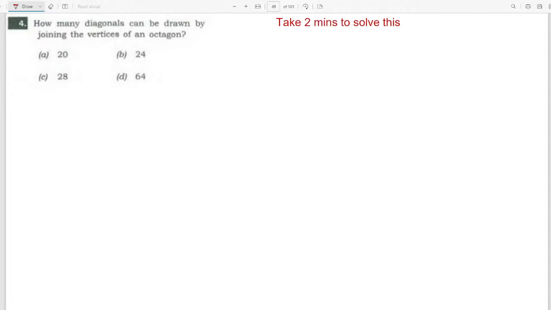We'll see how to go about this question. They're asking how many diagonals can be drawn by joining the vertices of an octagon. An octagon is a polygon with 8 sides. That would look somehow like this.